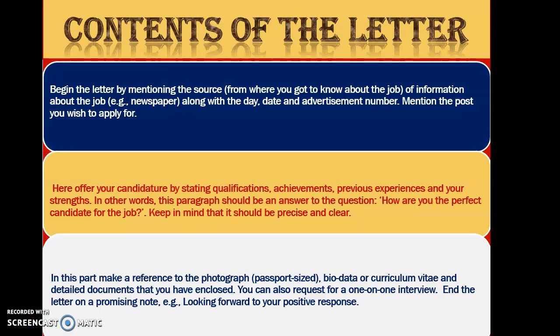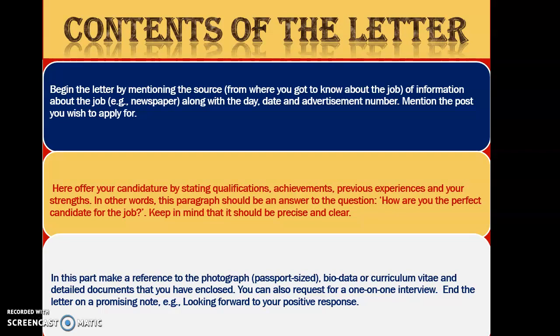Begin the letter by mentioning the source from where you got to know about the job. That is, you refer to your information, along with the day, date, advertisement number, and also the post you wish to apply for.